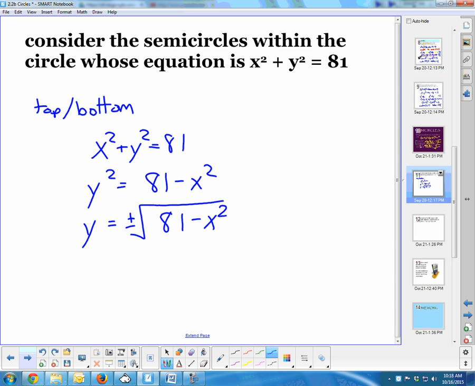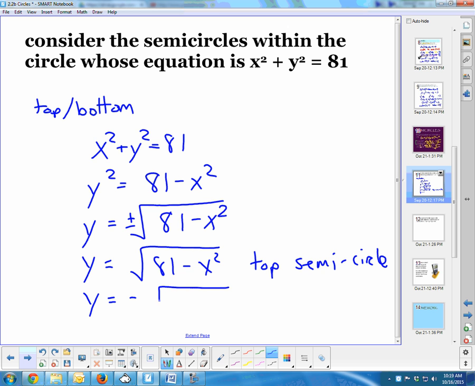Now, all it's required to do from here is to separate that. y equals the positive square root of 81 minus x squared is going to be the top semicircle, and y equals the negative square root of 81 minus x squared is going to be the bottom semicircle.